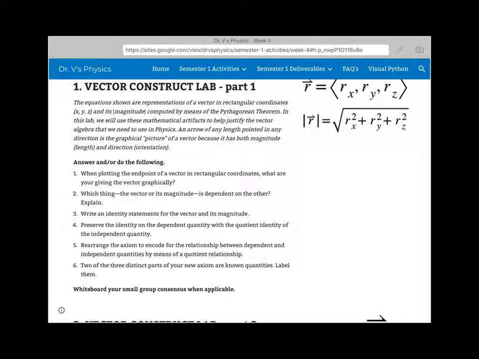Well, neither one of those things is the vector. This thing could be a vector, and the y could also be a vector, but when I put them together, like I do have up here, okay, then that means I've created a new thing. I've specified something new.